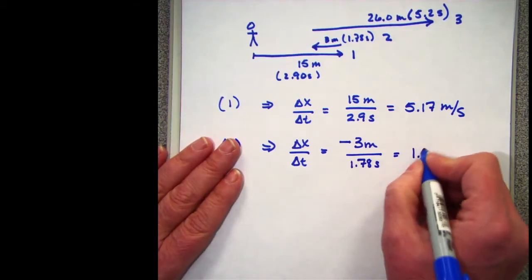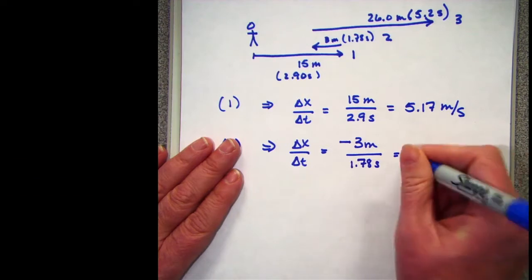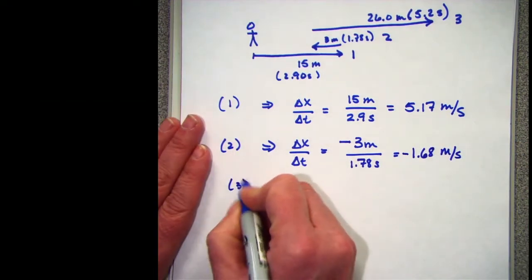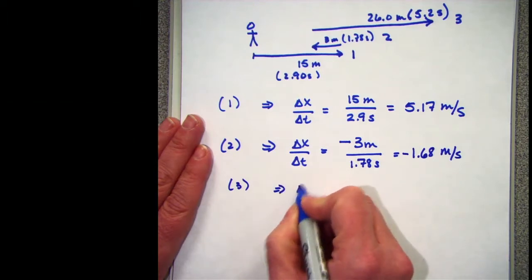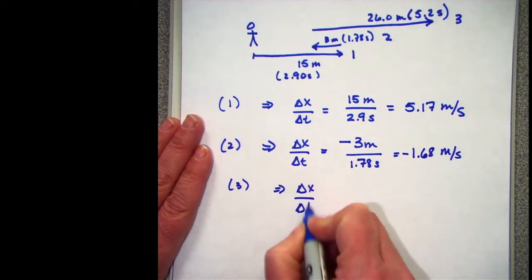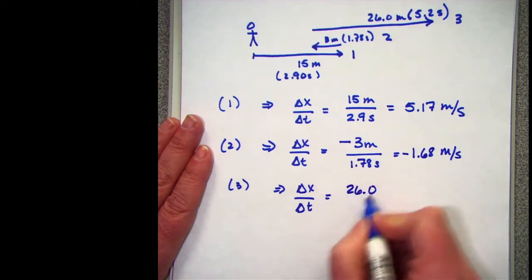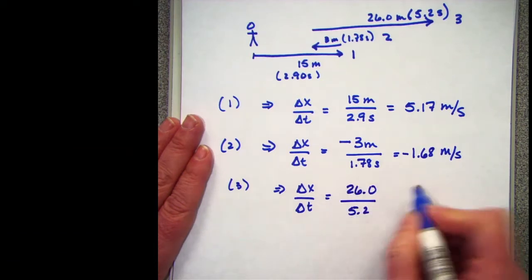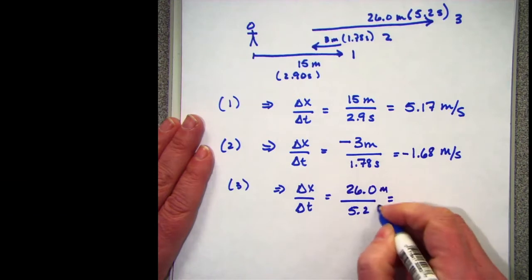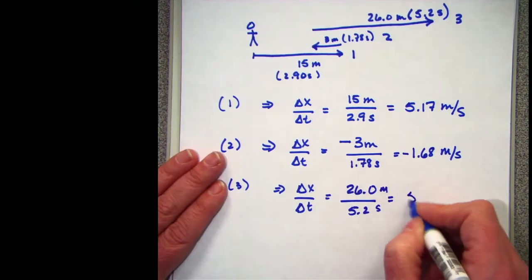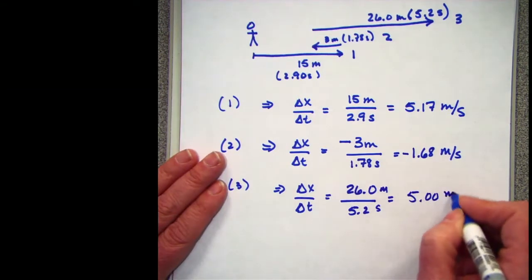And that gives me 1.68 meters per second in the negative direction. And the third segment, my change in position with respect to time, is going to give me 26.0 divided by 5.2, in meters per second. That gives me 5 meters per second.